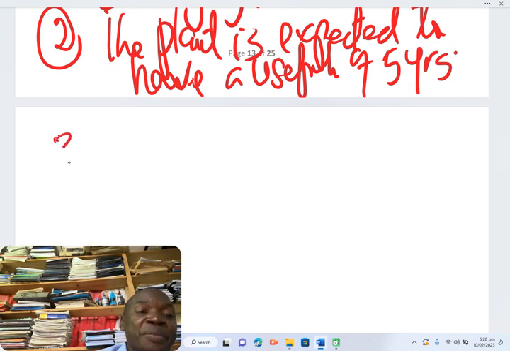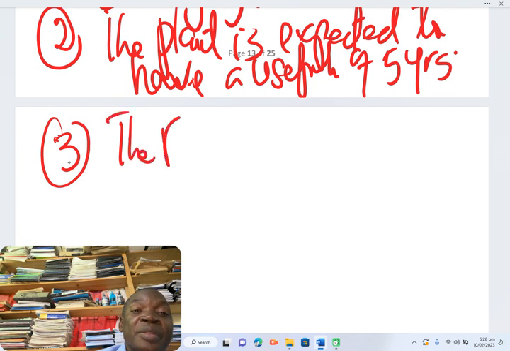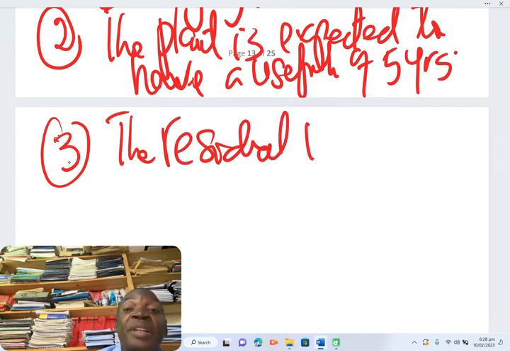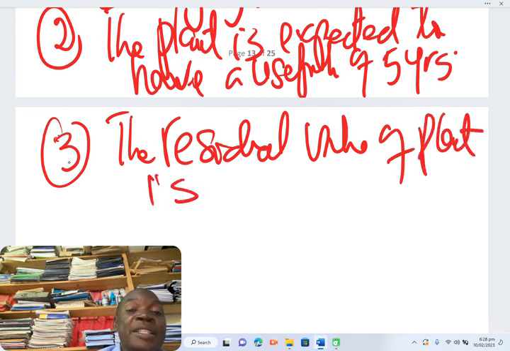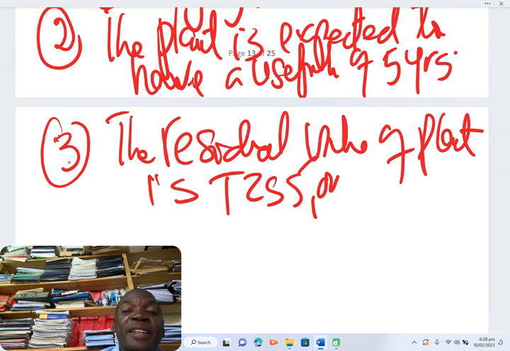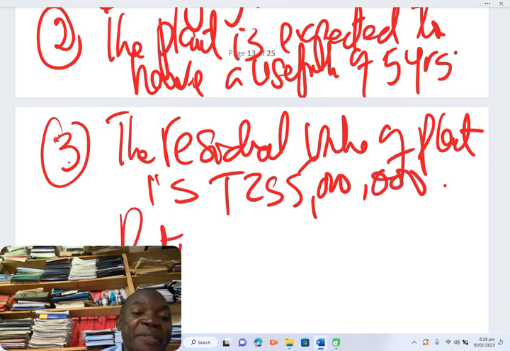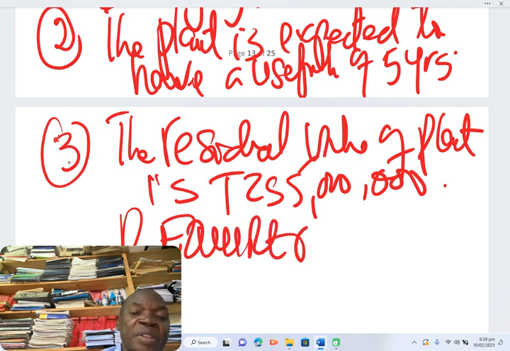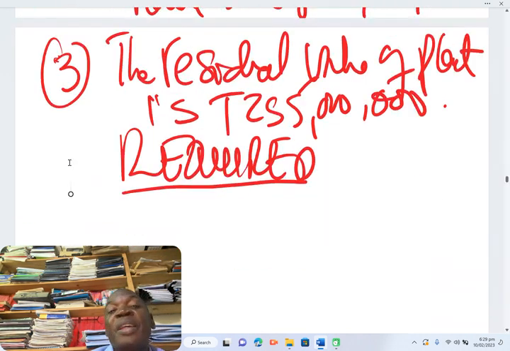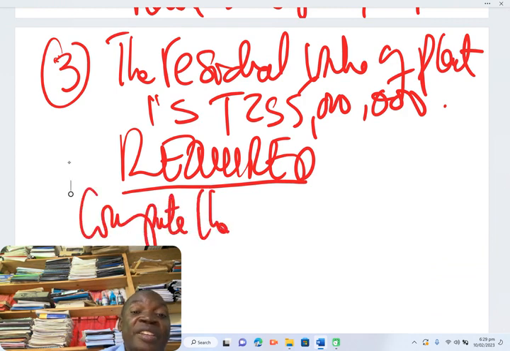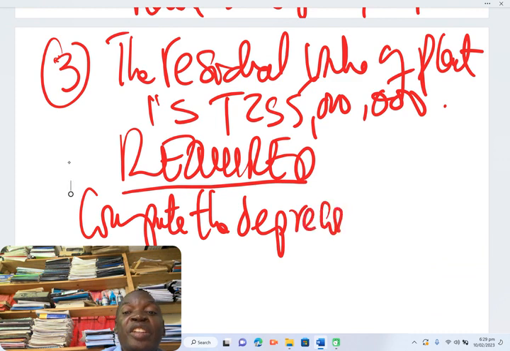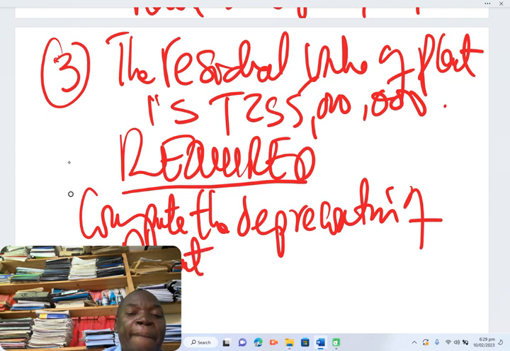The residual value of plant is TZS 5 million. Number 1. So required, compute the depreciation of plant.